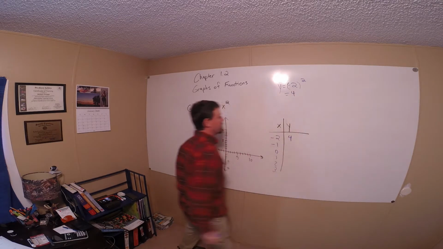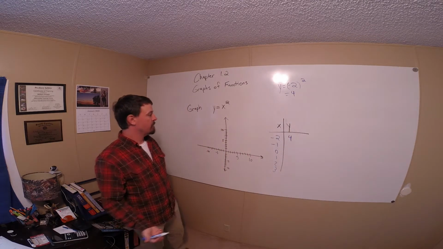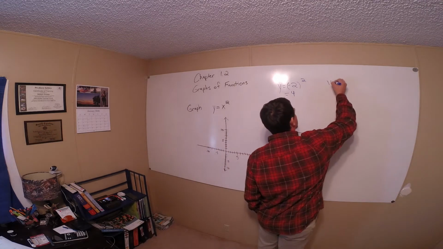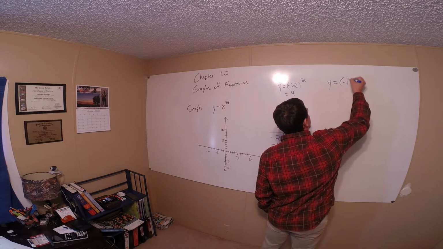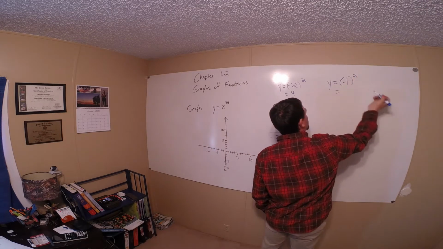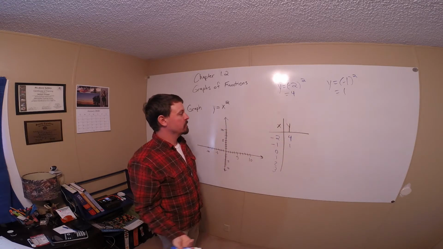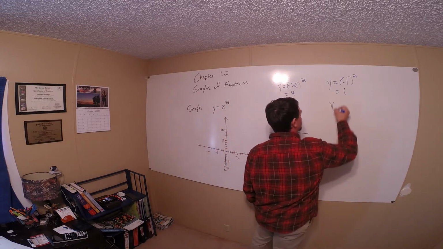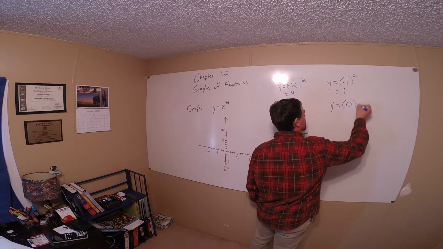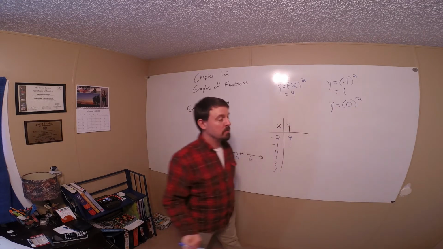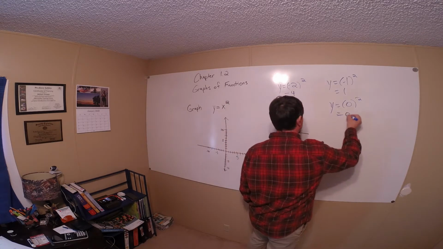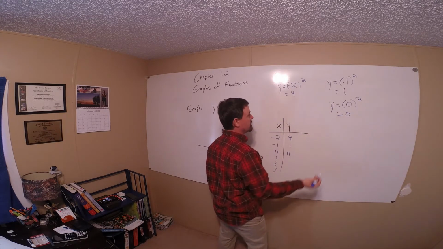So my corresponding y value is 4. If I plug -1 in for x, -1 squared is 1, so my corresponding y value is 1. If I plug 0 in for x, 0 squared is simply 0, so my corresponding y is 0.